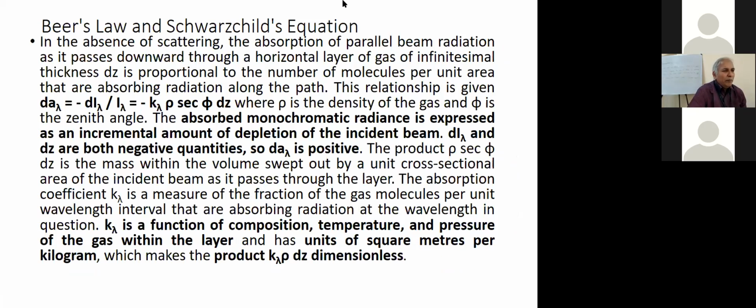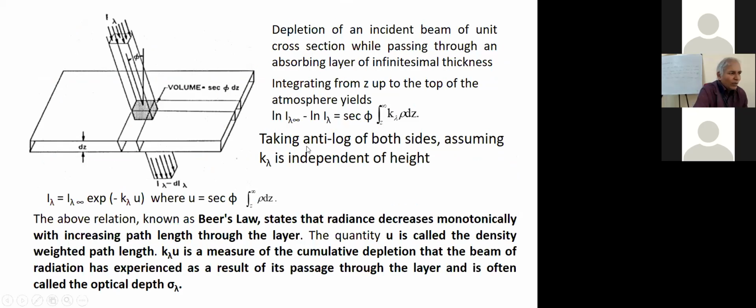So the next very important law, this is the Beer's law. In literature, it's also known as Beer-Lambert's law. So let me go a little quickly. This figure will explain it much more nicely. Let's say that we have a certain amount of radiation that is incident, I lambda, and it encounters an absorbing gas of thickness dz.